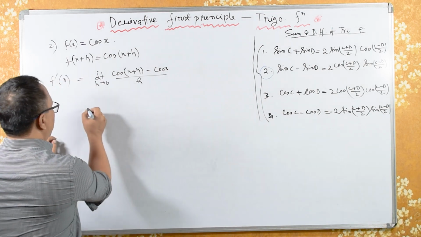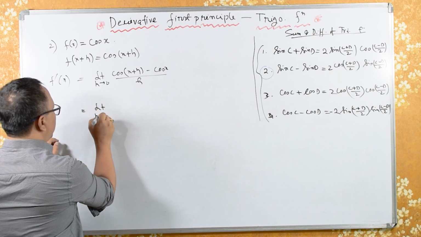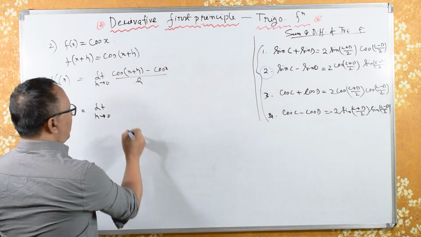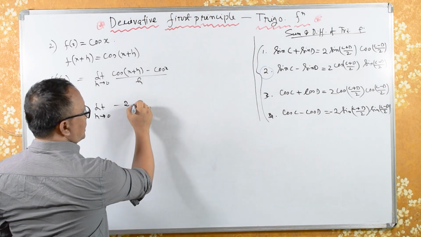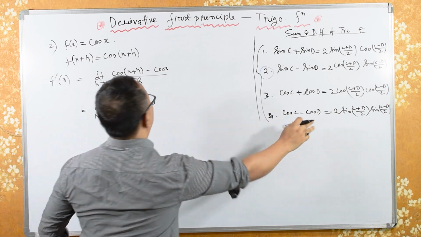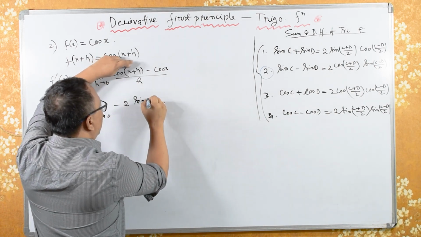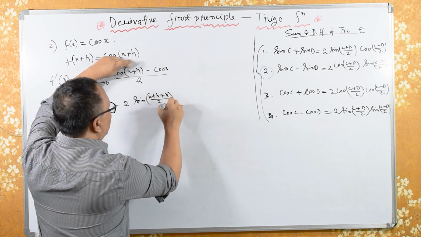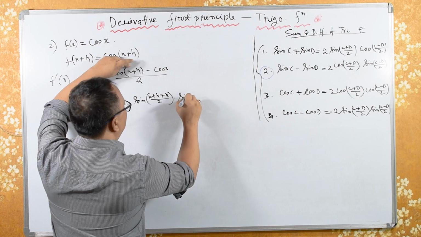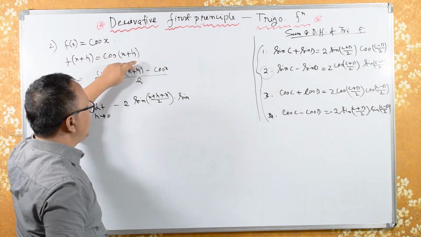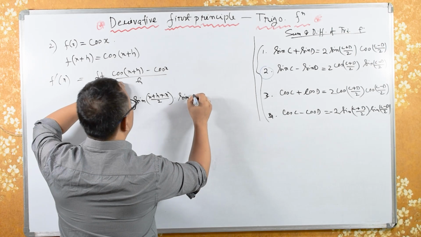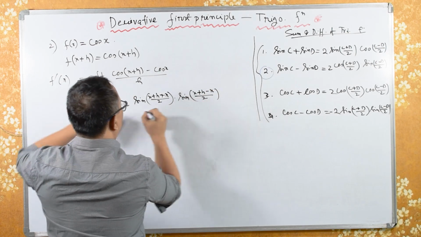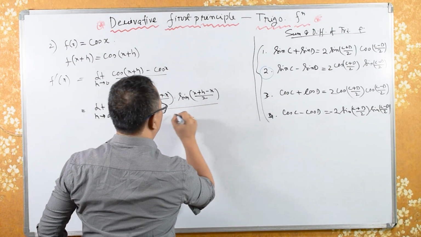By applying it, we have the limit as h tends to 0, with a minus sign, of minus 2 sin((c+d)/2), where c is x+h and d is x, so sin((x+h+x)/2), into sin((c-d)/2), which is sin((x+h-x)/2), upon h.